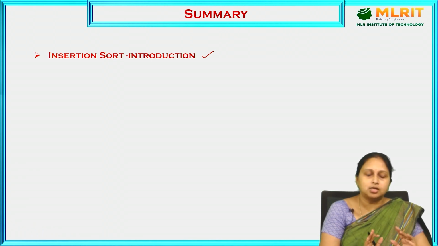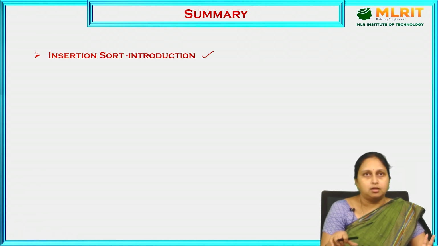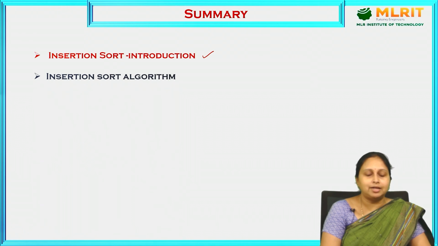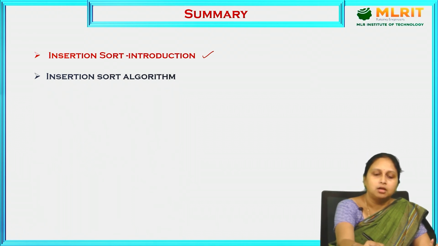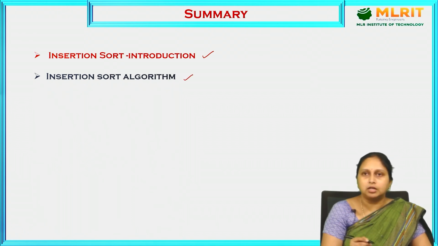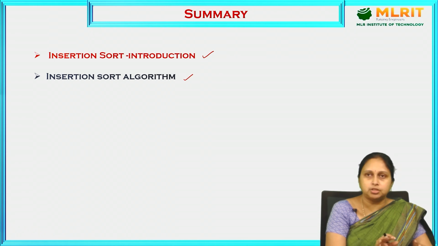Now you could understand the difference between the bubble sort and the insertion sort. And we have seen the insertion sort algorithm and how it is going to work, that is, how we are going to place a particular element in the correct position if it is unsorted.